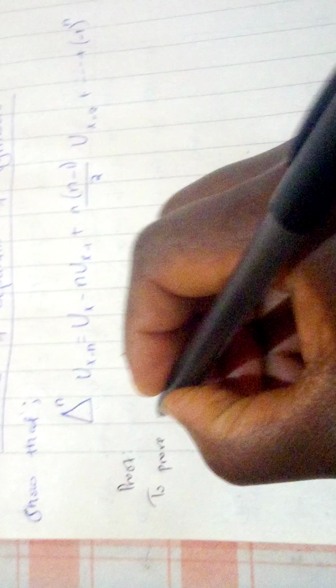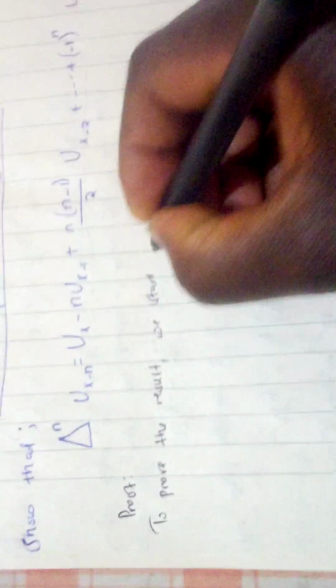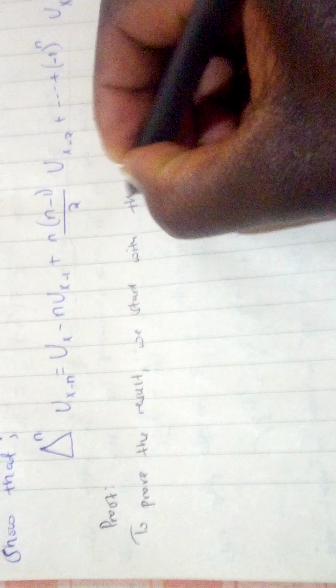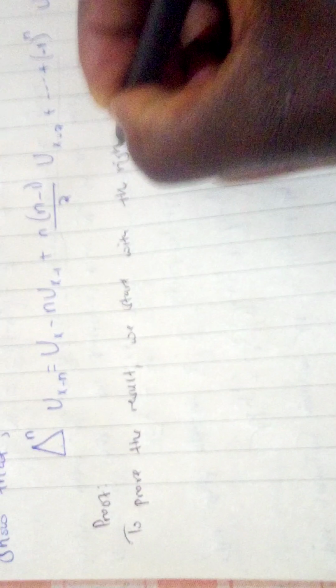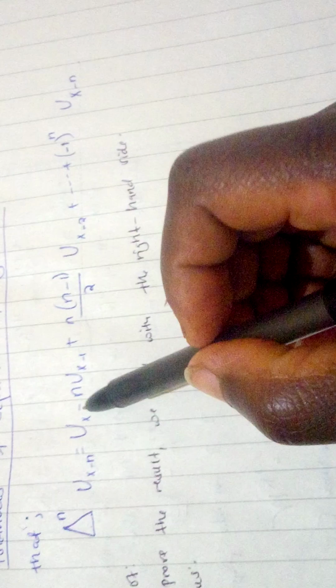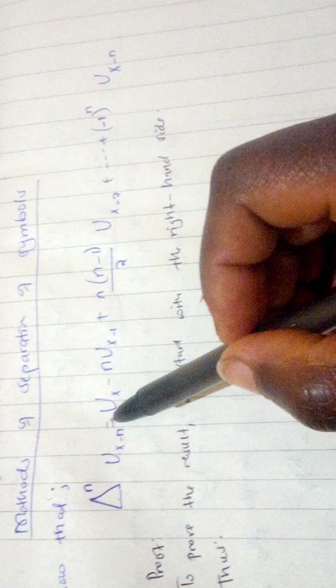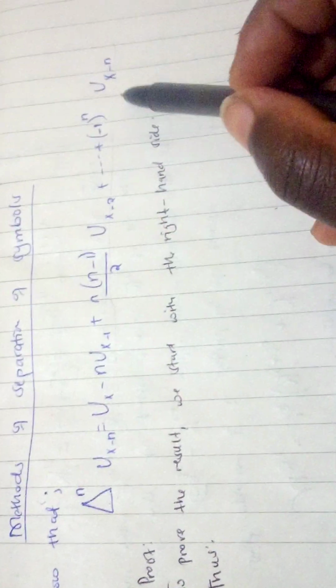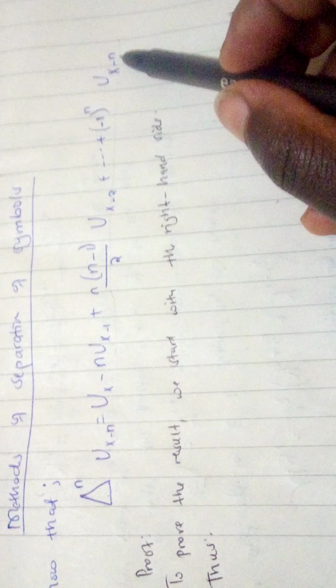To prove this, I love writing in words so that you can understand. To prove the result, we start with the right-hand side. So we have whatever is on the right-hand side, from the equal sign to the last value here.